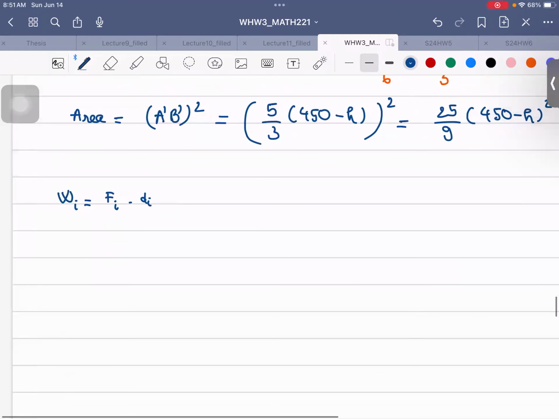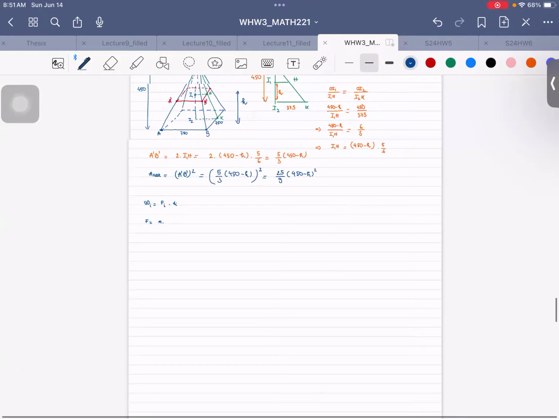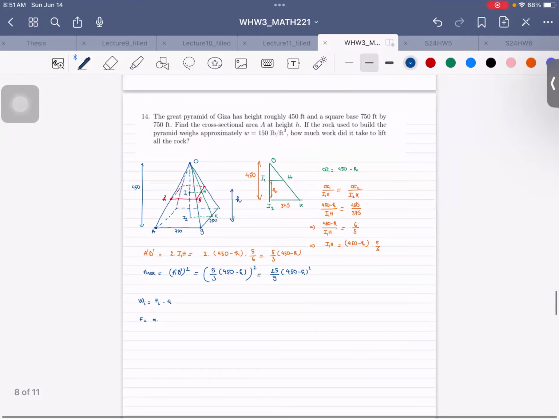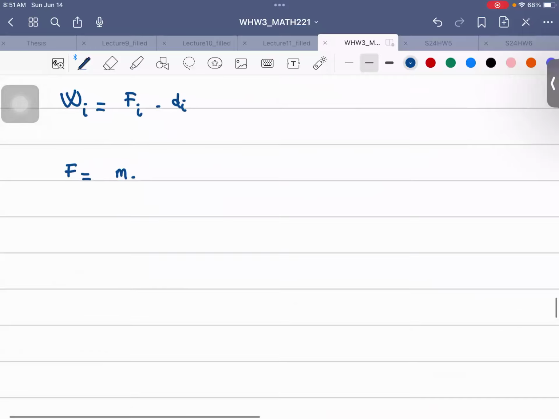Okay, so how can we find the force? The force is given by the mass.